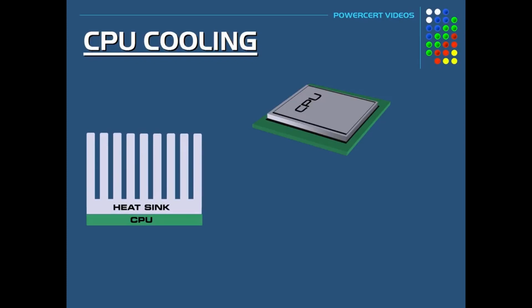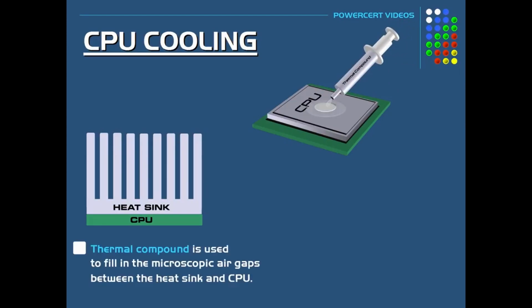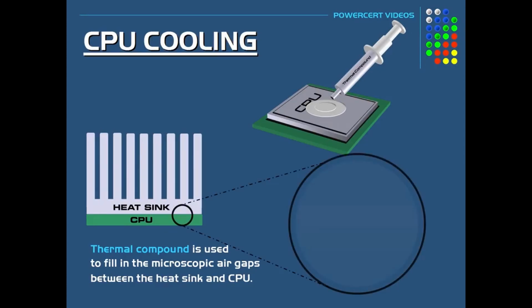So that's why it's important to apply thermal compound on the CPU before attaching the heatsink. Thermal compound is used to fill in the microscopic air gaps between the heatsink and the CPU to make up for the imperfections of the flat surfaces. Now the surface areas between the CPU and the heatsink are flat, but they are not perfectly flat when examined with a microscope.